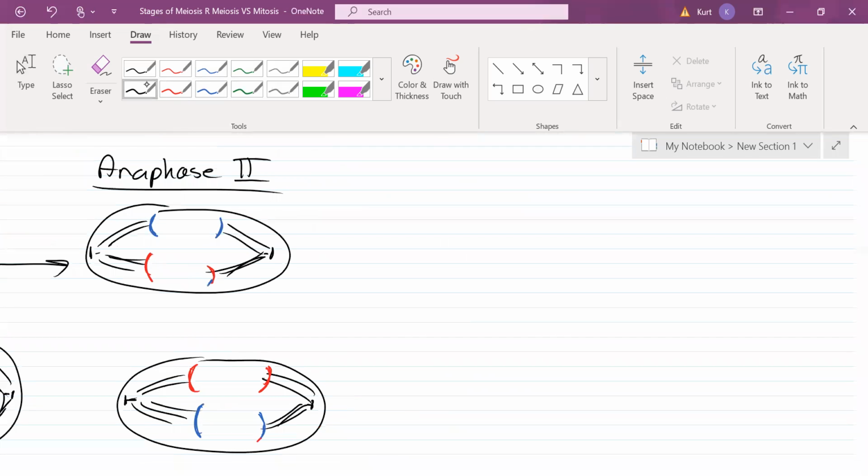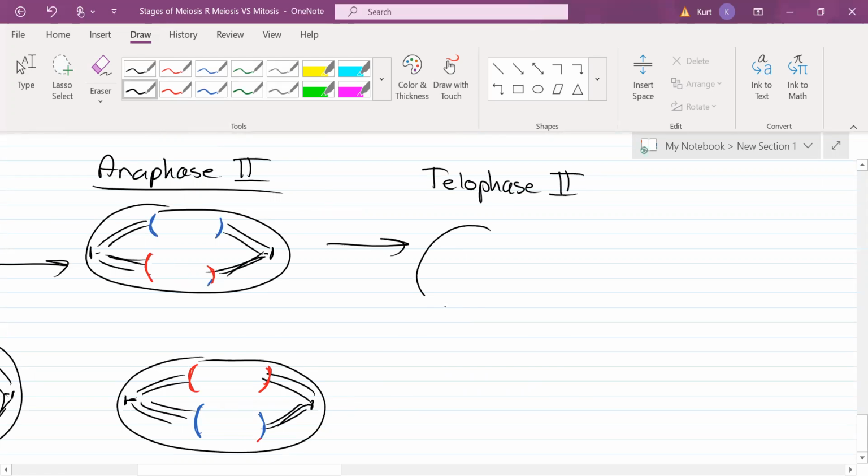Okay, there's anaphase 2. We have telophase 2.